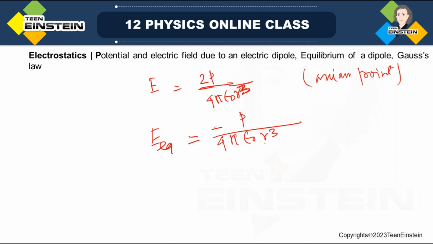Now, so we have got the electric field in both the cases at this condition. This is the equatorial plane.